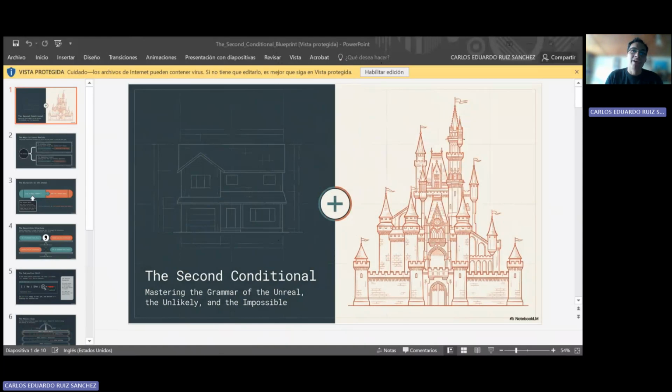It's a person that has a positive vision about the future. Real, highly possible. The formula here was if, simple present tense, and we've got an example. If I win the lottery, I'll buy a big house. So that's an optimist point of view.